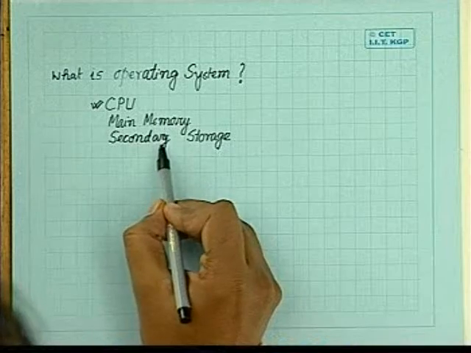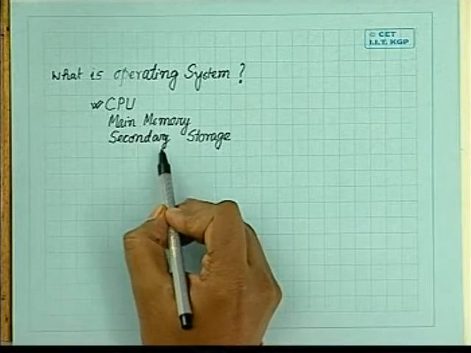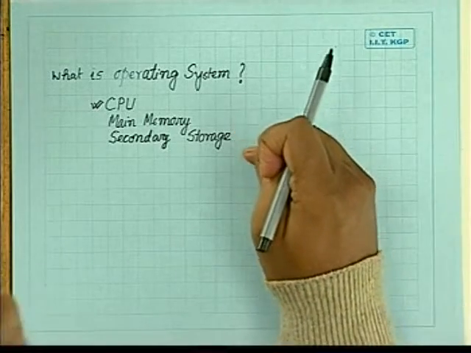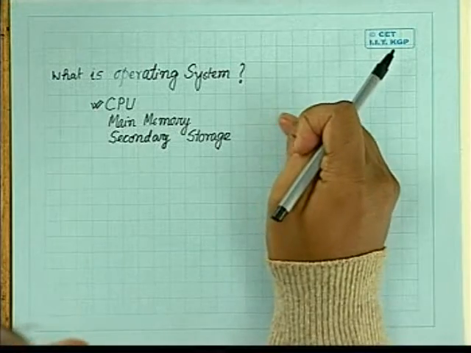Okay. Now, though the main memory as well as secondary storage, both of them are some kind of memory, we put them under separate category because the way in which the main memory is accessed and the way in which the secondary memory is accessed, they are different.